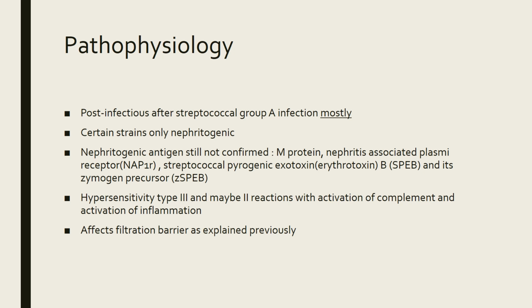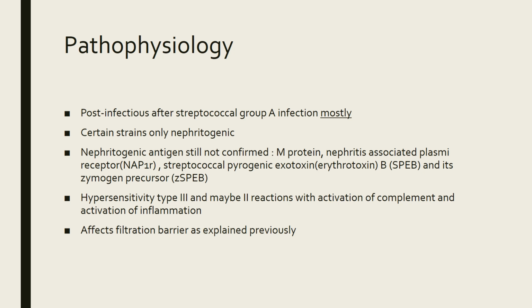Because they are present where all this inflammation is happening, they were a prime candidate as the possible antigen, and also the fact that they are able to induce an immune response when injected into subjects made them a favorite. But there are still some other studies which have found that they're not expressed in all patients with post-strep glomerulonephritis. So the search is still on.